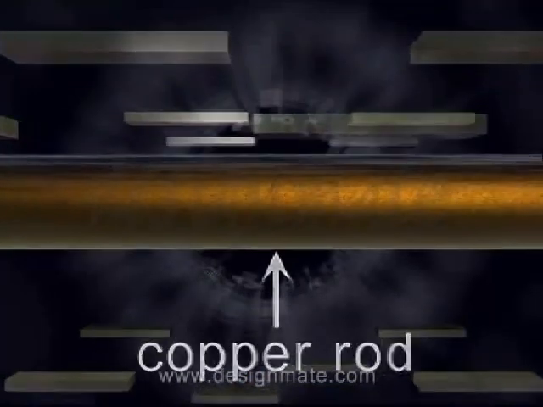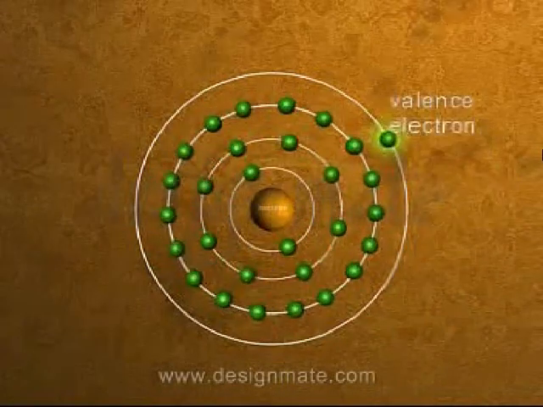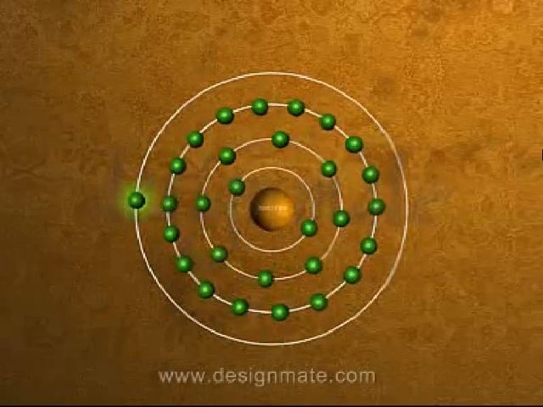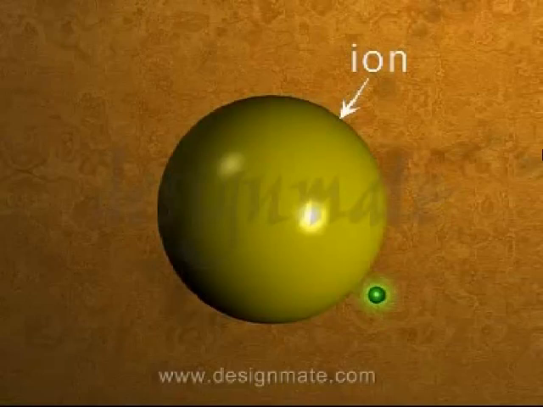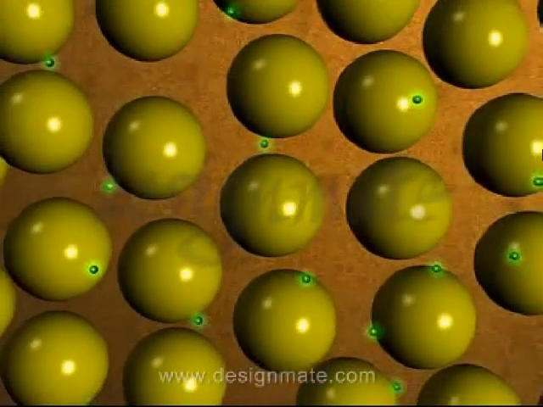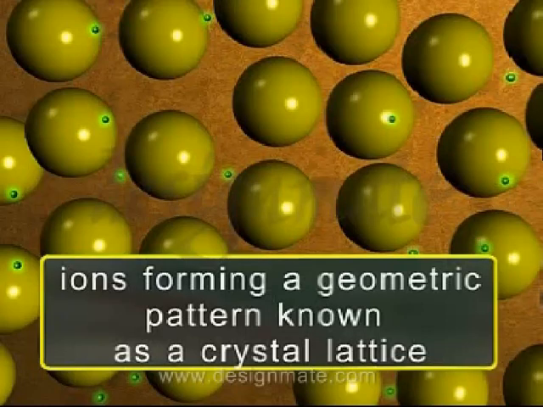In a metallic substance, the valence electrons of the constituent atoms do not remain attached to their respective parent atoms, but get detached, leaving the atoms as ions. The ions so formed are arranged at specific locations, forming a geometric pattern known as a crystal lattice.